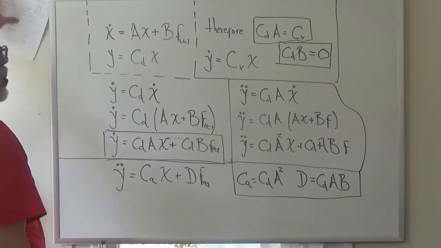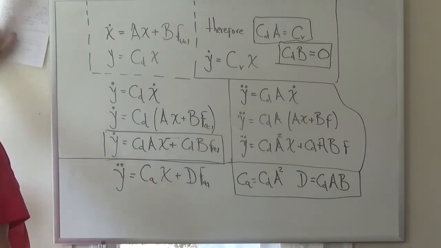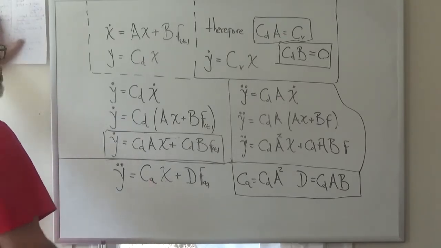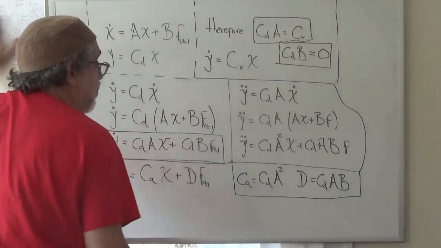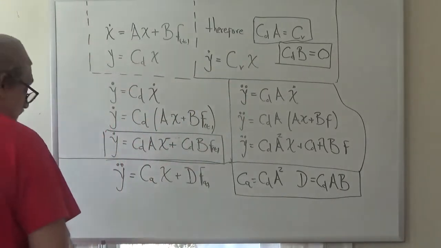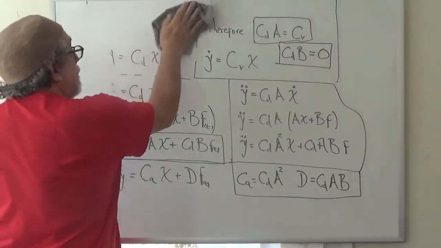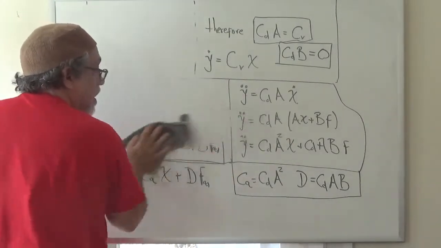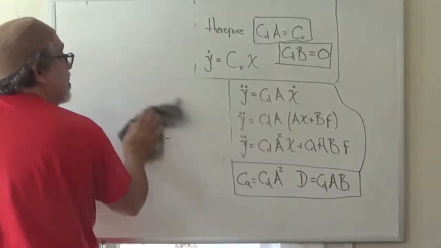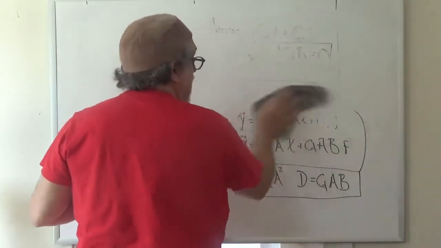So what I need to do now, because this board is small, is I need to summarize the ones that matter to move forward. So I will erase the left side here. Actually, no, I'll erase everything because I have them in my hand here.